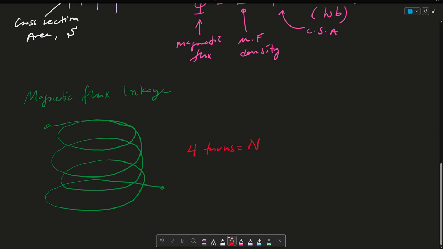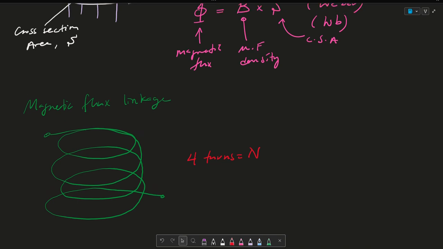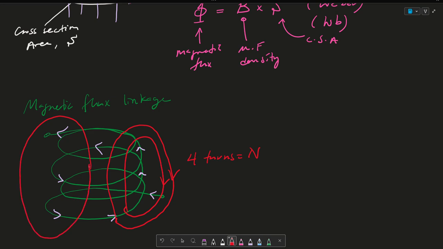And let's just call this N. And if we apply a current through it, this current's coming in here, and if you can imagine, it's rotating across this entire wire, something like this, all the way to the end. It's going to generate a linkage. So let me use red. So it's going to generate here, something like this.